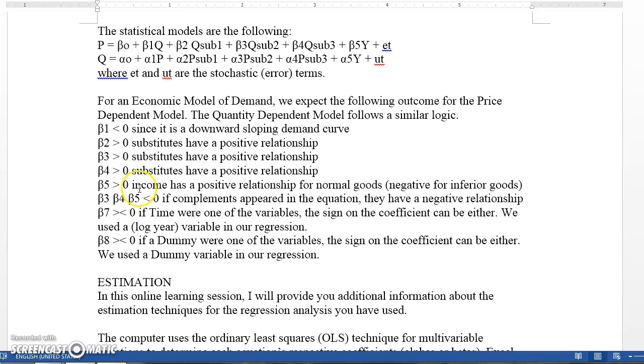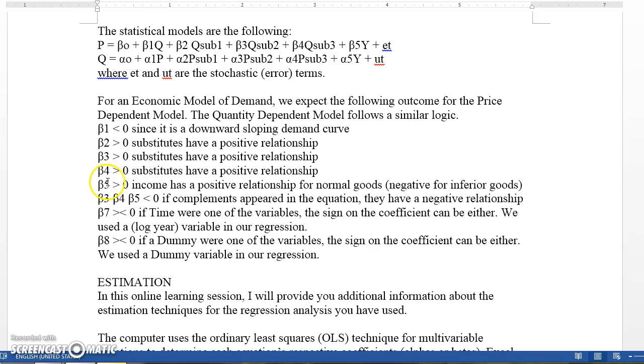If you remember in lecture 1, I mentioned if the estimated coefficient is negative for your substitutable product, those products are not going to be called substitutable. Those products are complementary products. Because you have picked those products as your substitutes, those signs need to be positive in order for them to be substitutable products.